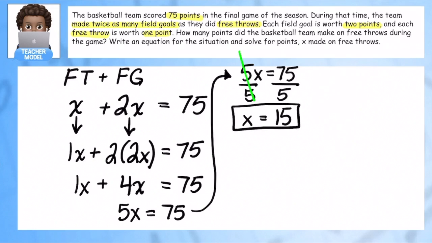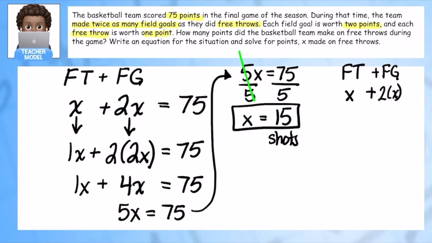And we can go back into our original equation and see if this makes sense. So that means 15 shots. When he had the free throws, he made x free throws. And he had the field goals, he made twice as many, so 2 times x.